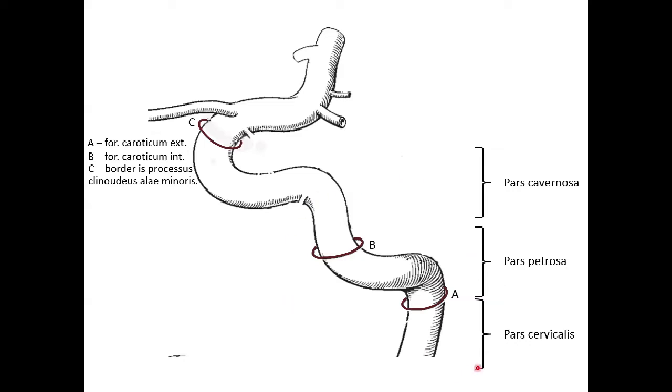After leaving canalis caroticus, arteria carotis interna again makes this flexion, and this part, pars cavernosa, is the next part with the border which we can name as the clinoid process of ala minoris. Let's try to find them.